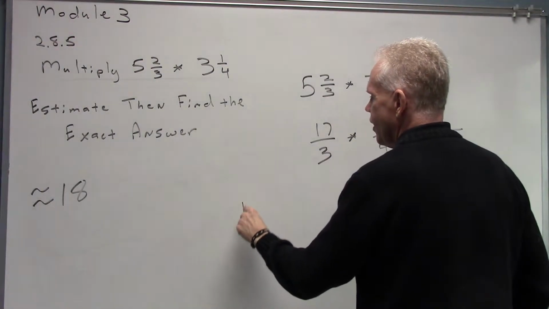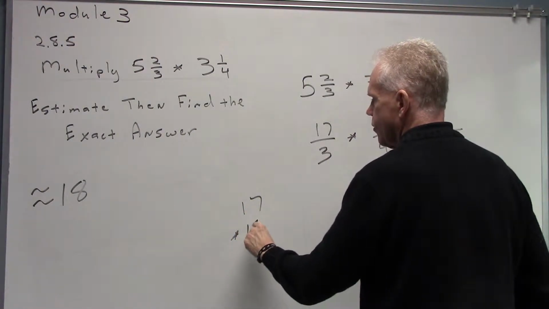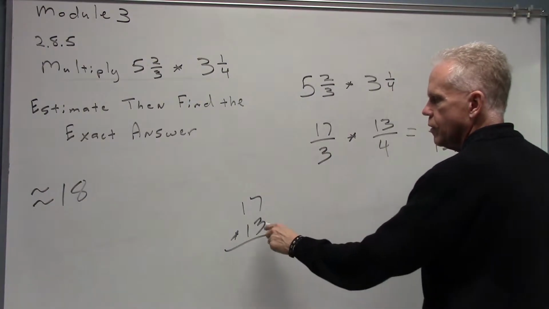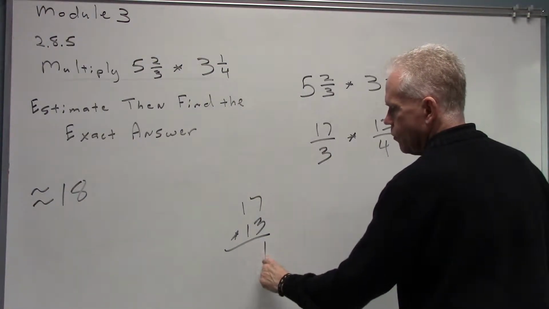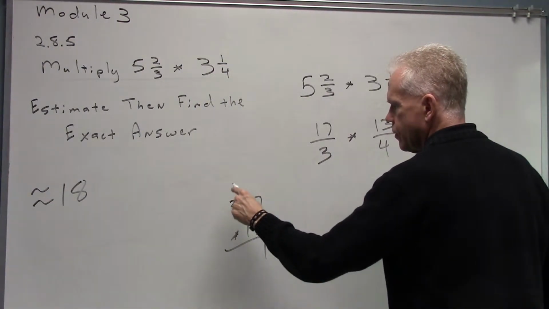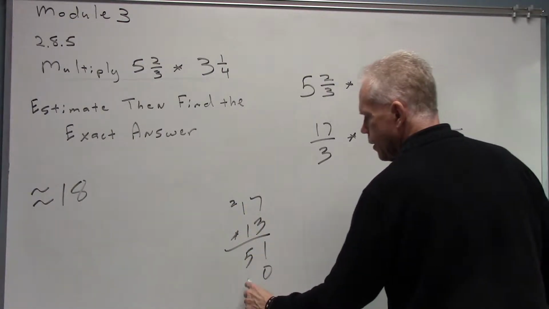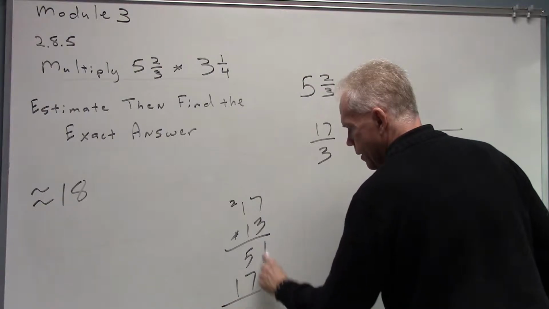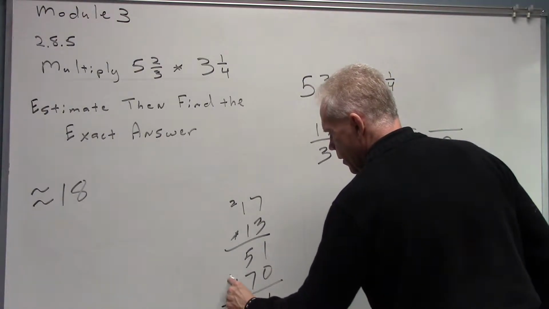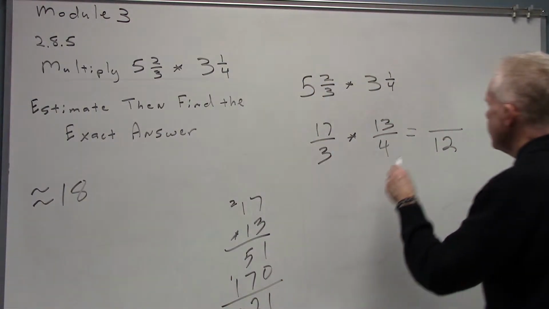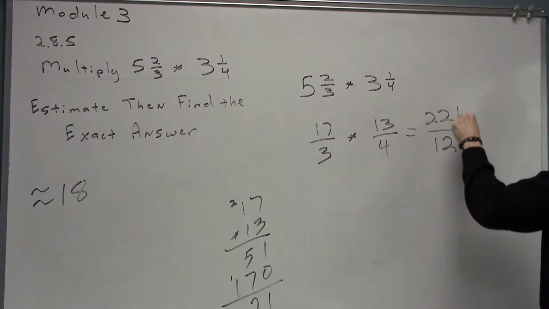Okay, so 17 times 13. 3 times 7 is 21, carry 2, 3 times 1 is 3, plus 2 is 5, giving us 51. Then 1 times 17 is 17, and adding gives us 221.